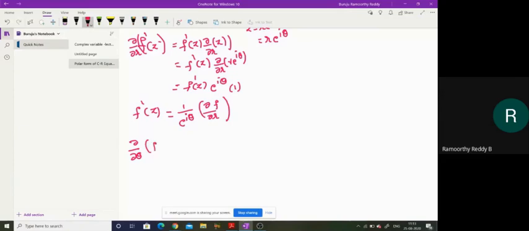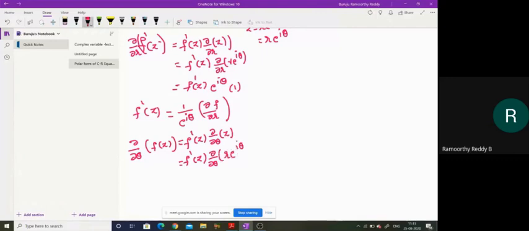Of f of z. So what is ∂/∂θ? Which is f dash of z into ∂/∂θ of z, right? So which is equal to f dash of z into ∂/∂θ of r e^{iθ}.